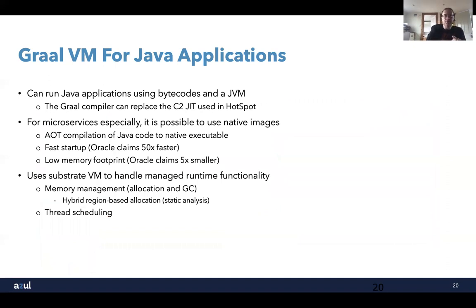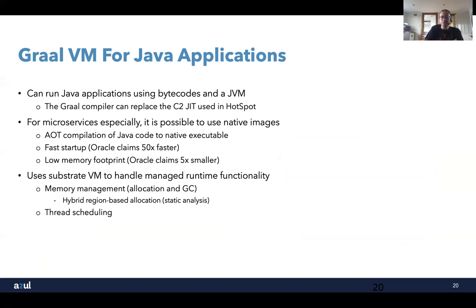Now, from a performance point of view and for Java applications, as I said, you can run just straight bytecodes. You're replacing the C2 JIT compiler with the Graal compiler and get hopefully better performance that way. For microservices, what people are often looking at is using a native image. So now we're doing ahead-of-time compilation and generating a native executable specific to a platform.